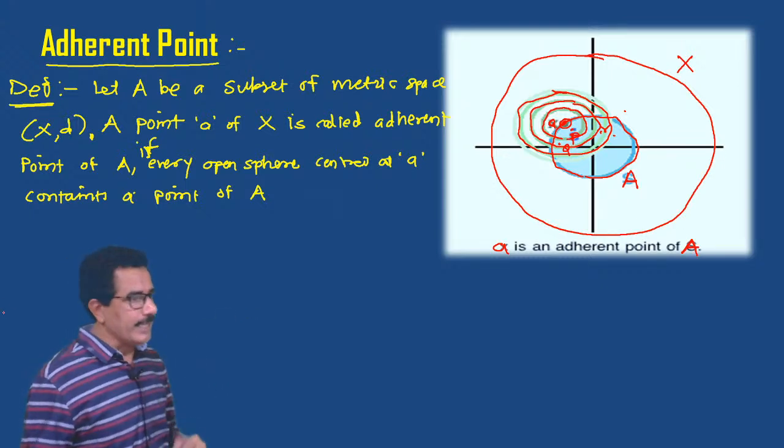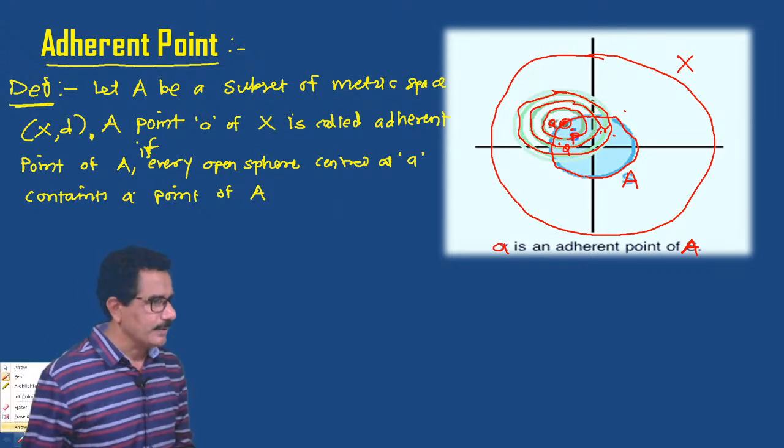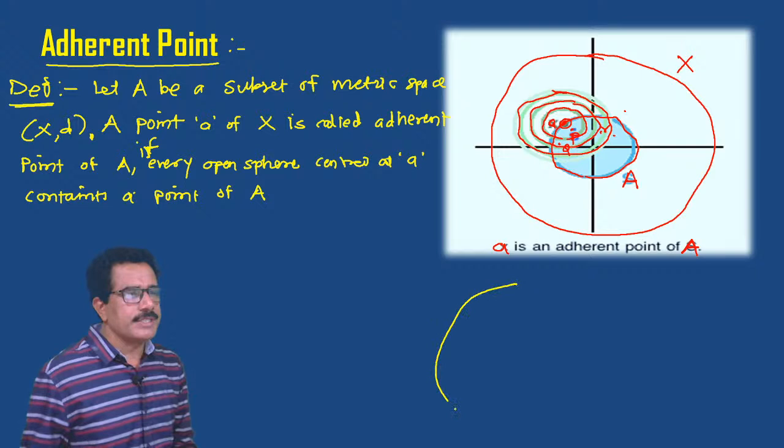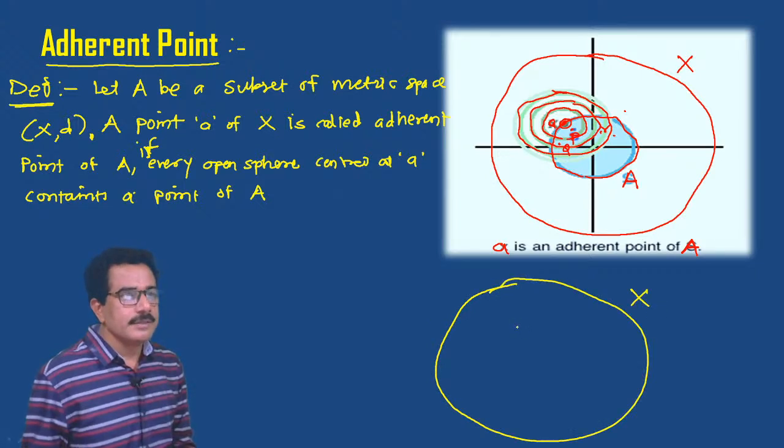We can write the definition again. See here, suppose (X, d) is a metric space, and there is another set A, a subset of the metric space (X, d).